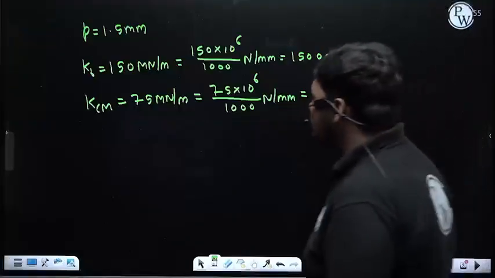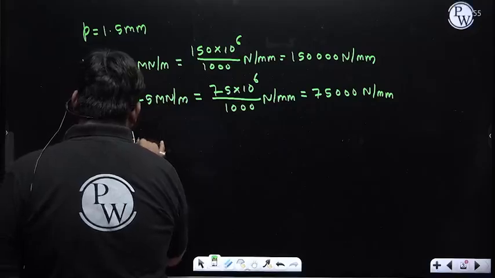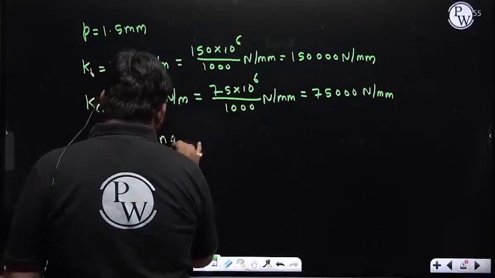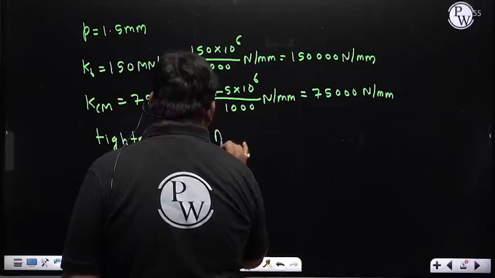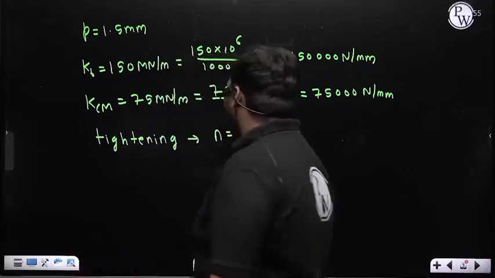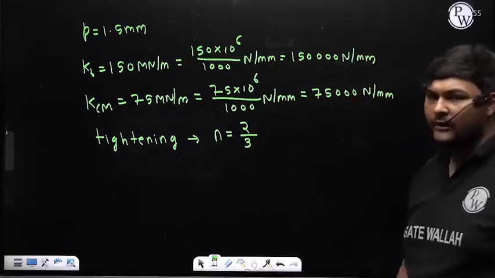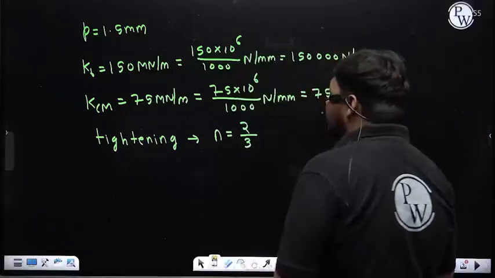So during tightening, we have rotated the nut by 2/3 turn. Can I say during tightening the number of turns of the nut is 2/3? So how much axial movement will occur in the nut during tightening?